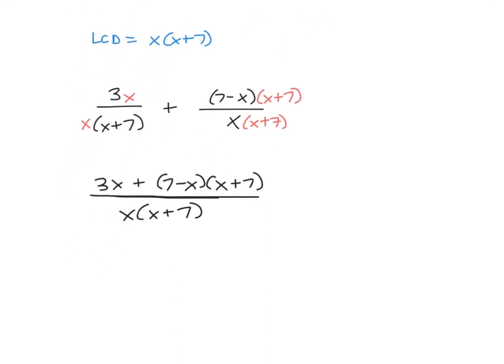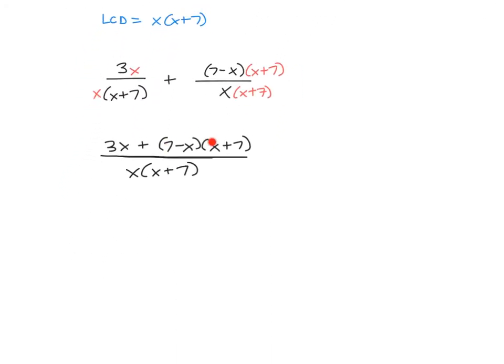So here we are going to need to multiply out our numerator and combine like terms. So here this gives us 7x plus 49 minus x squared minus 7x over x times x plus 7.